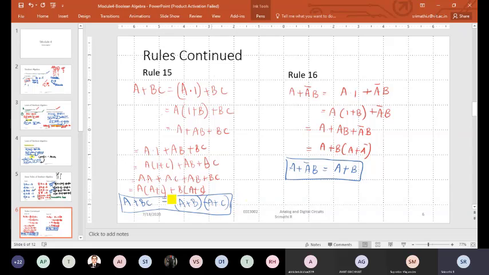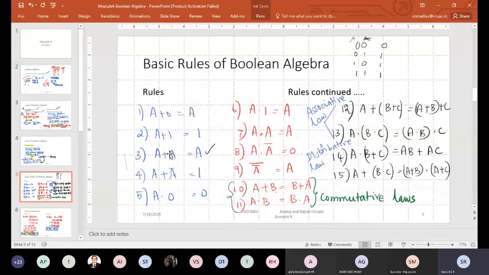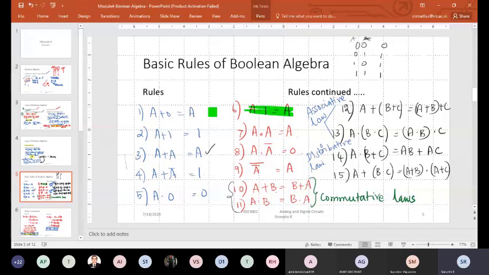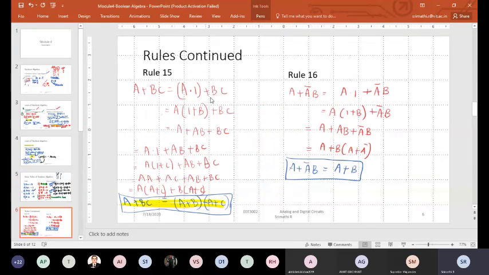How we are deriving this is, a plus bc can also be written as, I'm going to the previous slide, I'm writing a dot 1, which is also equal to a. So that is how I'm writing a dot 1 plus bc.